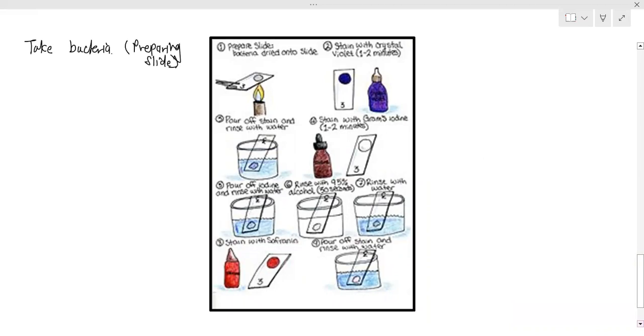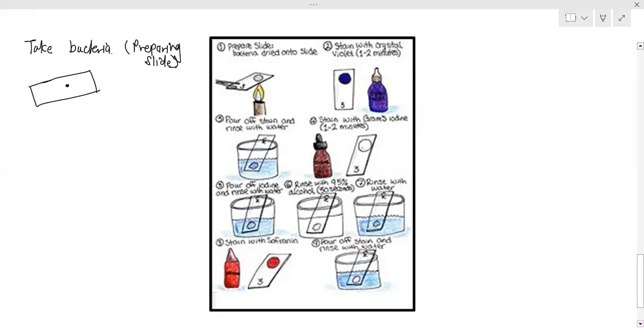In school you will be provided with some bacteria in a small vessel, a liquid solution. You take a dropper and take one drop of that provided liquid onto the slide.